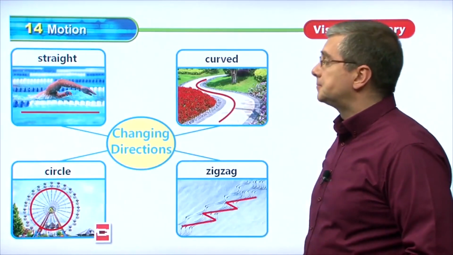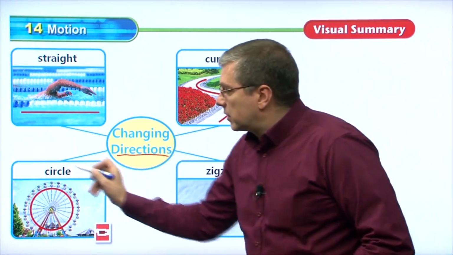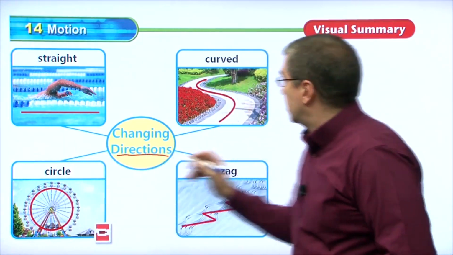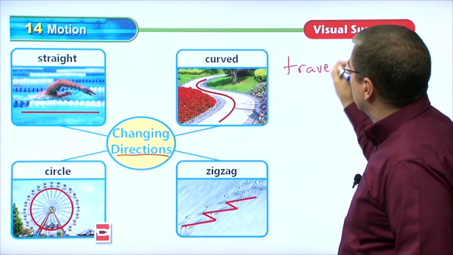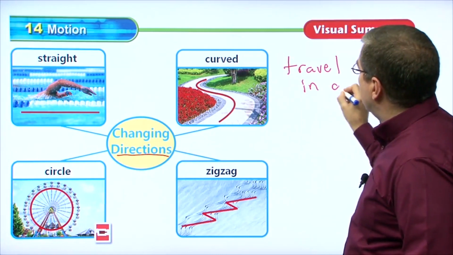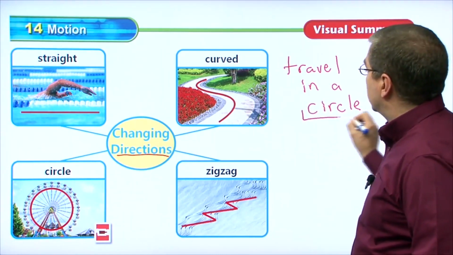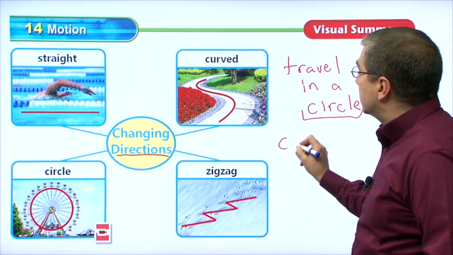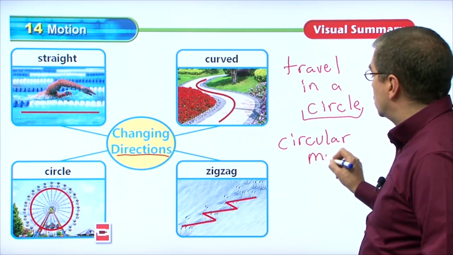Okay, that's zigzag. Now, we can also talk about directions. We can say circle. Travel in a circle. We can also call it circular motion.